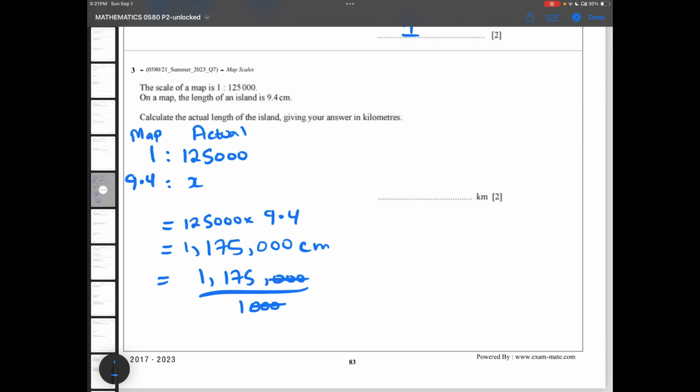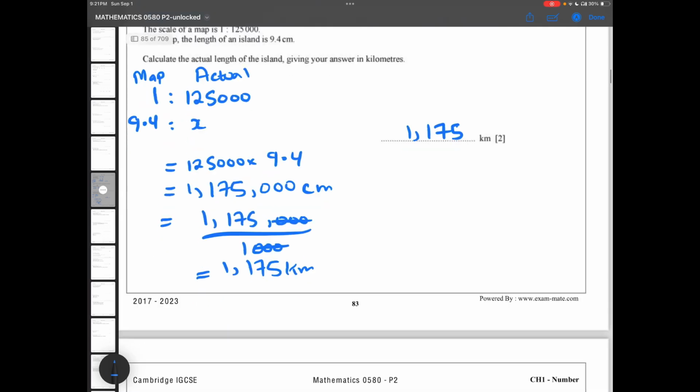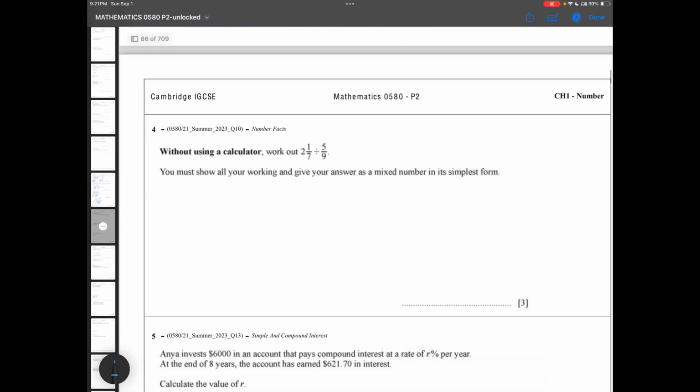Three zeros get cancelled and it's 1175 kilometers. This is our required answer. So now let's move on to the next question.